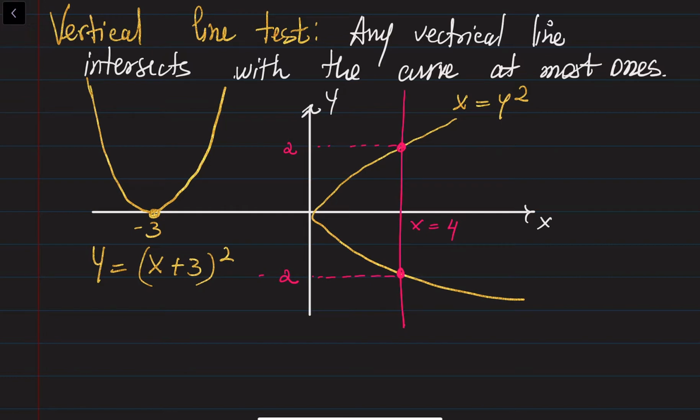This is a function because it doesn't matter where you draw your vertical line, it is always going to intersect with your curve at most once. For example, if you draw this here, no intersection, but if you draw here, there is only one intersection. So this is how we are going to define whether you are given a function or not.